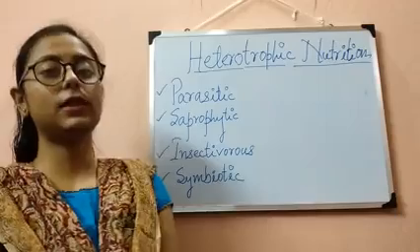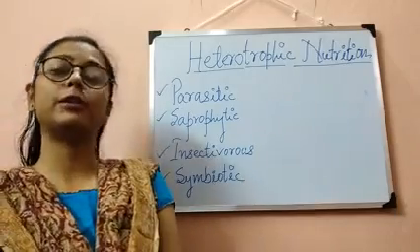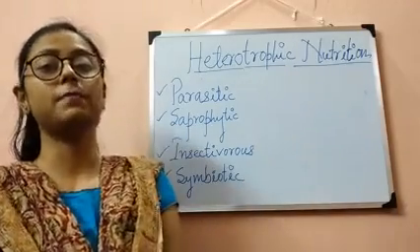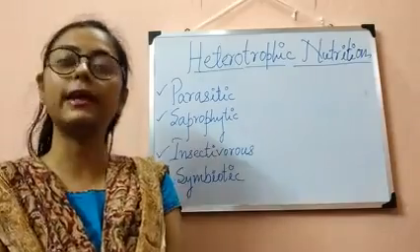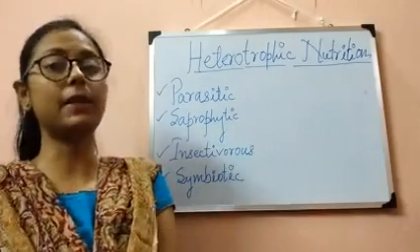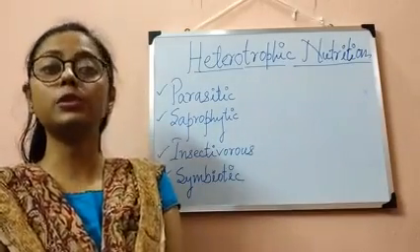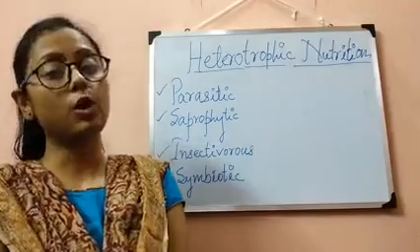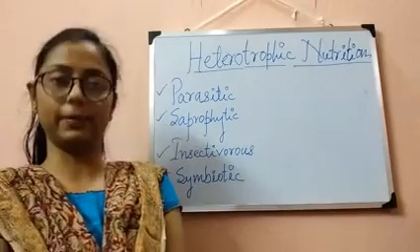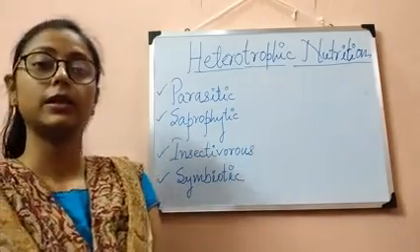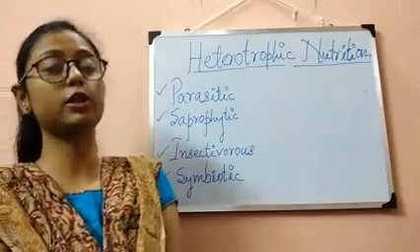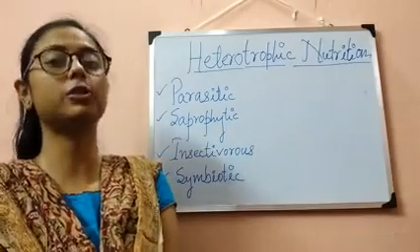So who are the heterotrophs? The heterotrophs are basically all the animals in the environment and some plants, those that don't carry chlorophyll in their body parts. I told you that in the photosynthesis process, chlorophyll is an important ingredient.